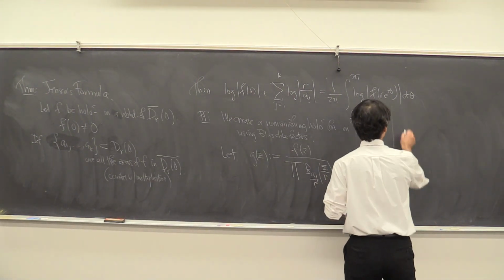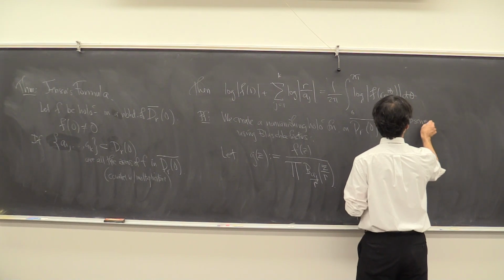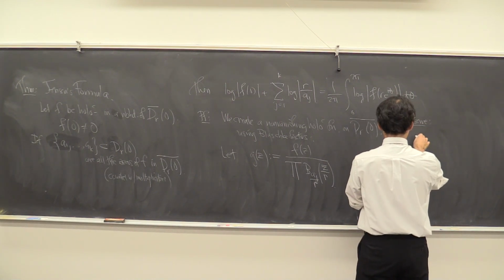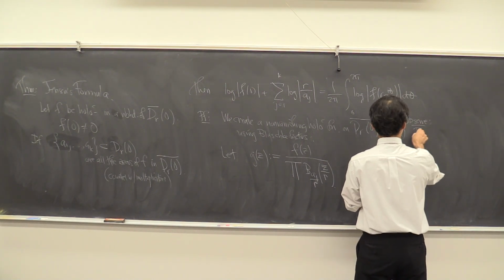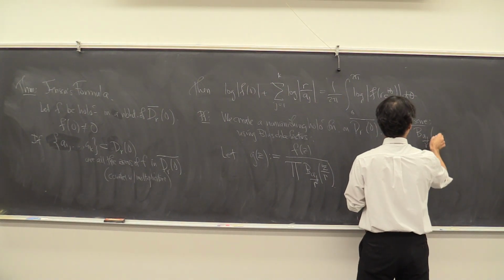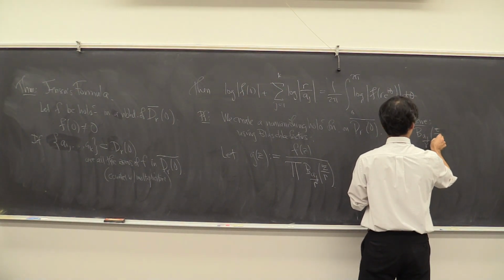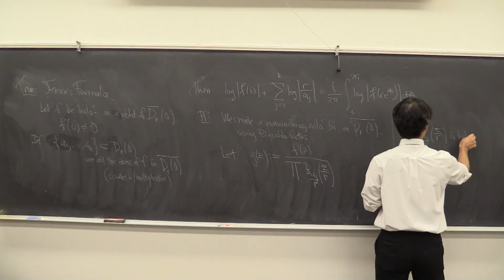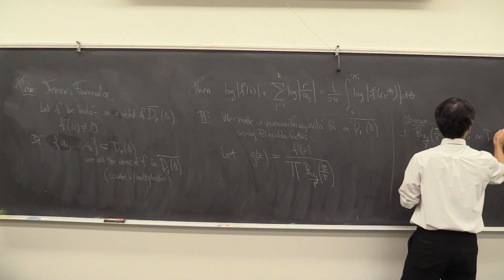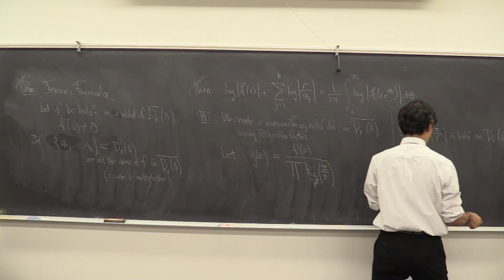So observe that b sub aj over r, evaluated at z over r, is holomorphic on the disk of radius r.